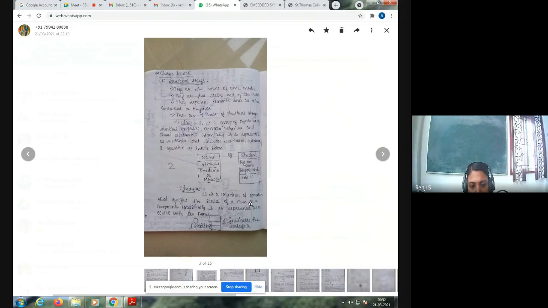So there is the general format which is drawn first, and the example is shown by the side. The name of the class is student, the attributes are register number, name, and department, and the operation involved is add. You can add a student to this class. So this is about class and its notation.